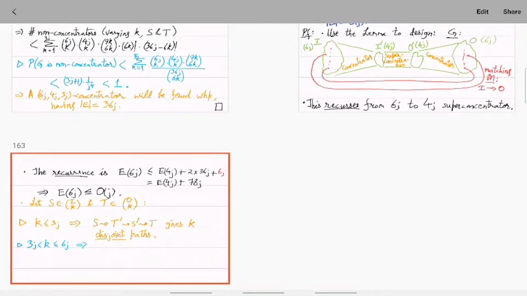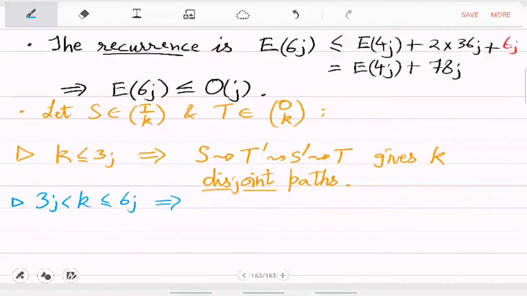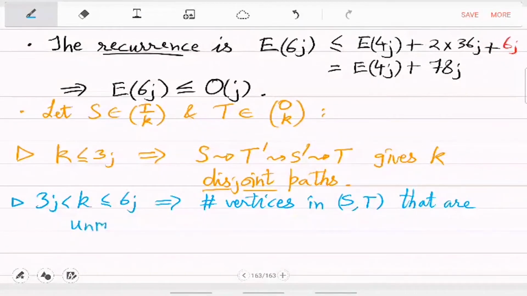So what you do is you note that since k is more than half of I, you can actually go from some vertices of S, which are already matched to some vertices of T. So consider the number of vertices in S comma T that are unmatched by M.